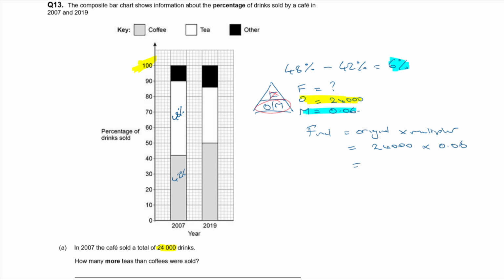Okay, so just going to quickly tap that into the calculator. 24,000 times 0.06, and that comes out to be 1,440. Okay, so that means they must have sold 1,440 more cups of tea than they sold cups of coffee, because that's 6% of the entire sales.